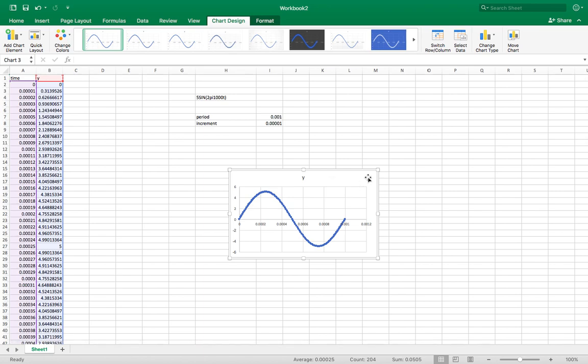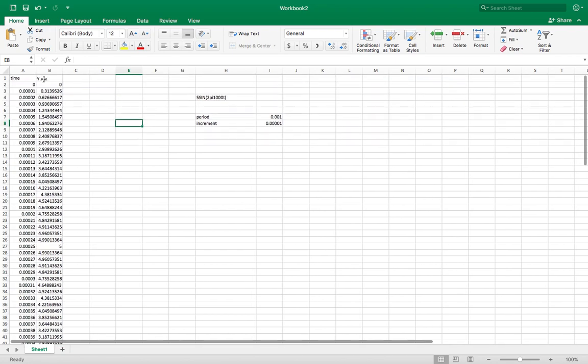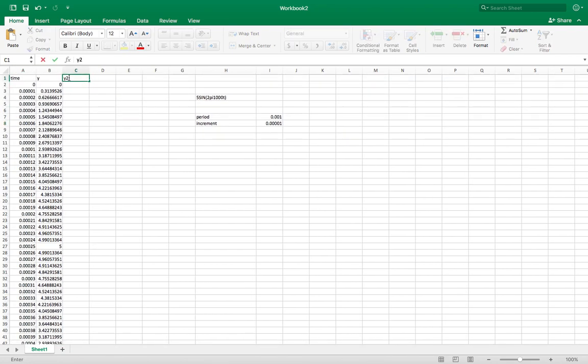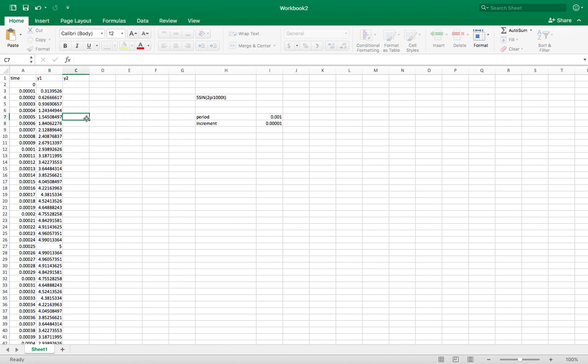And for good measure, I will make another sine wave. Let's call it y2. This will be y1, and this will be y2. I'm going to do the same sine wave. Let me readjust and just retype it.